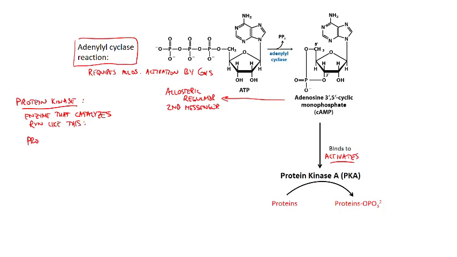A protein, some target protein, plus ATP react to give us ADP plus our protein again, but with a phosphate group attached to it. And so this process is known as phosphorylation.